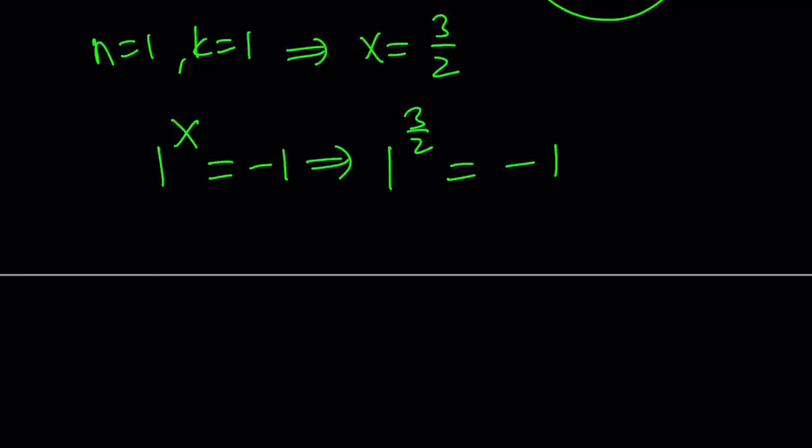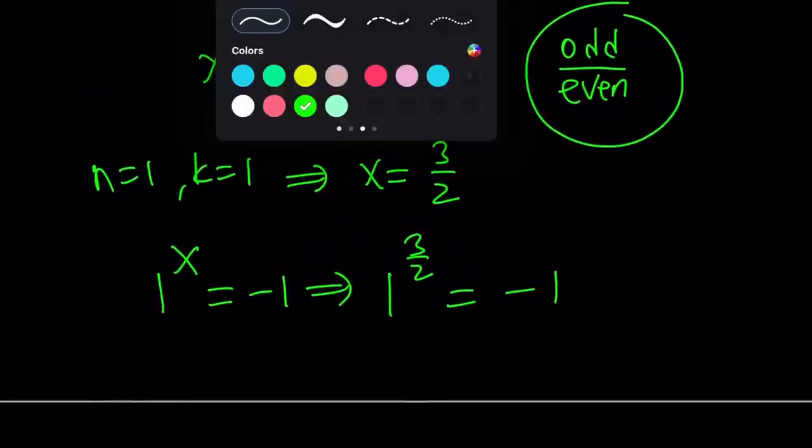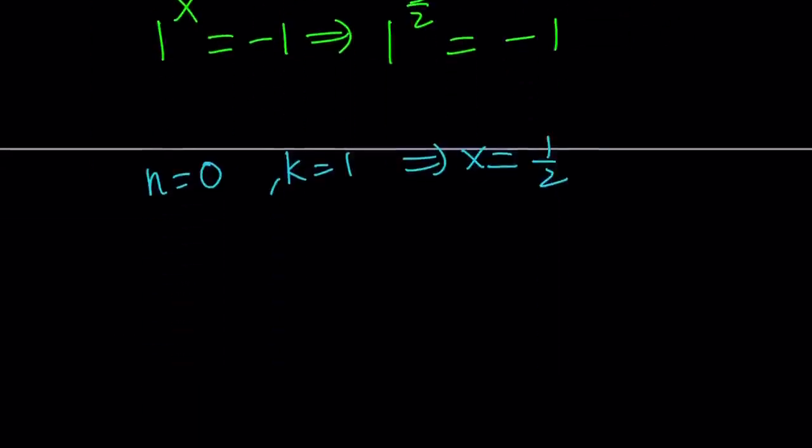To get a better idea, let me show you another value that we can derive from here. What happens if n is equal to 0 and k is equal to 1? Then we get x equals 1/2. And let's plug it in. 1 to the power 1/2 equals -1.